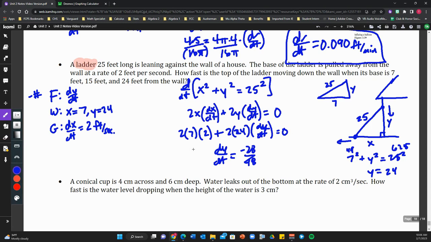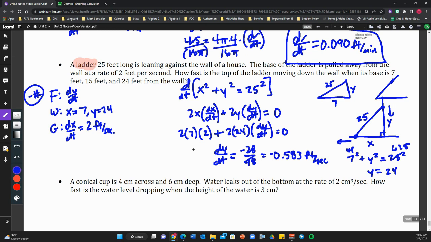Or in this case, let's go ahead and get a decimal. It's not going to reduce all that nicely anyway. So we get negative 0.583 feet per second. And again, the sign of that matches what we expected, because the bottom of the ladder goes out, and the top of the ladder comes down.